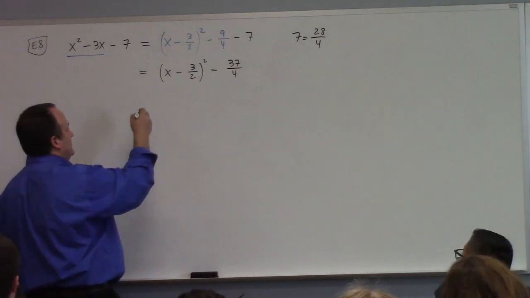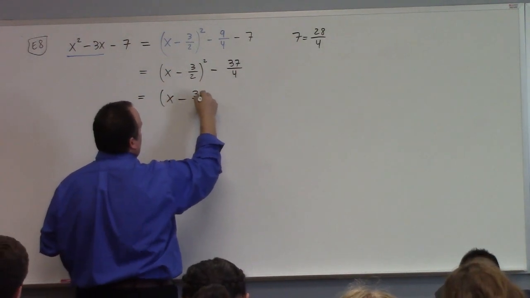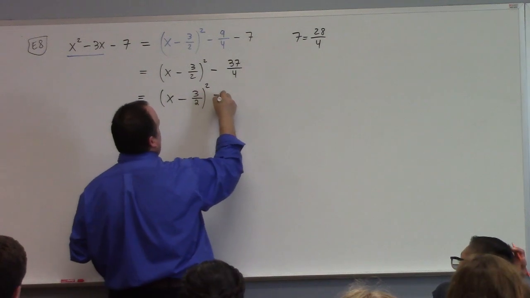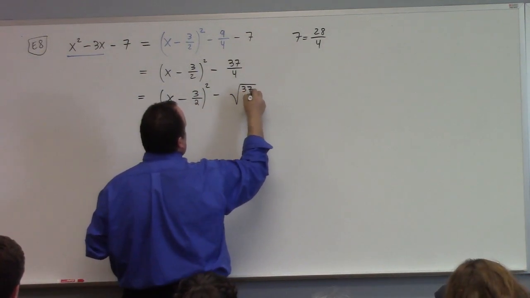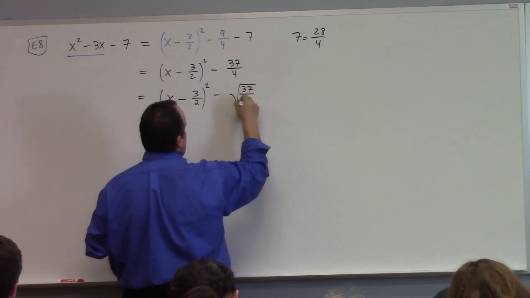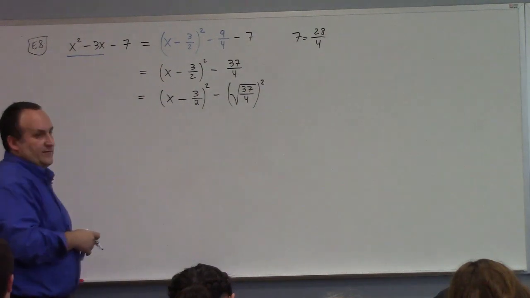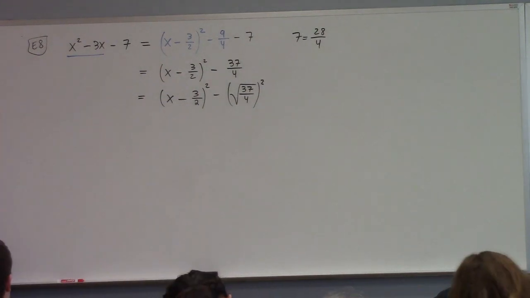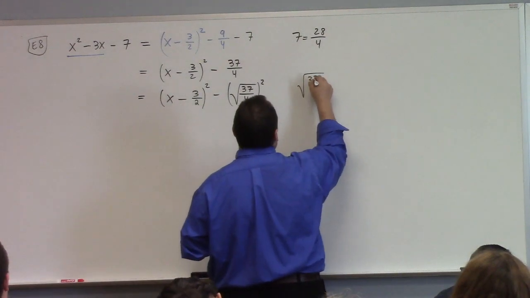So that, if you think about it for a second, is minus the square root of 37 over 4, squared, right? So we can still do that. Of course, we could simplify this further, right? What is the square root of 37 over 4?